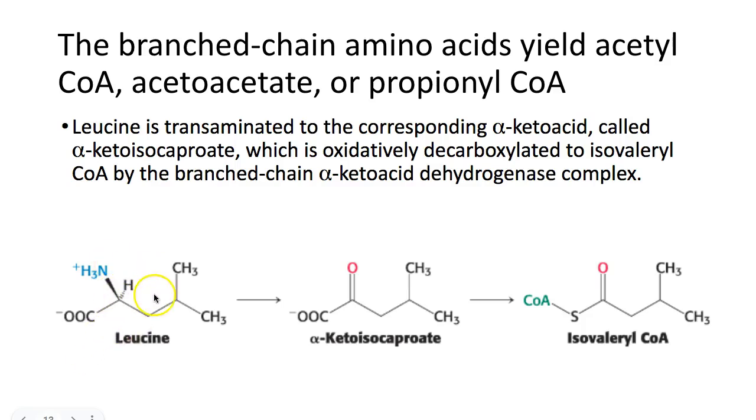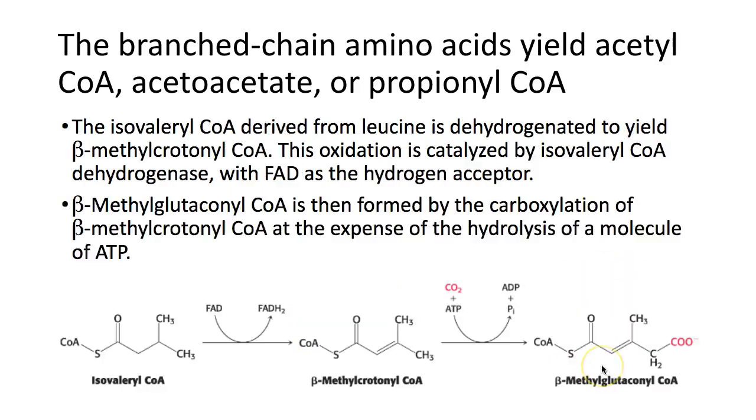And then you have leucine, which gets broken down as well. It goes through a transaminase, where the amino group gets removed, and then coenzyme A gets attached to the carboxylic acid group to form this structure.